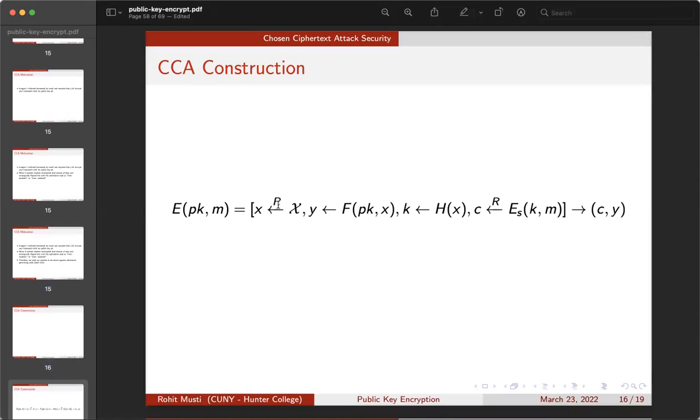Jared, you wanted the code earlier? Here's the code portion of lecture. So we have X sampled at random from the X space. Then F is a trapdoor function.